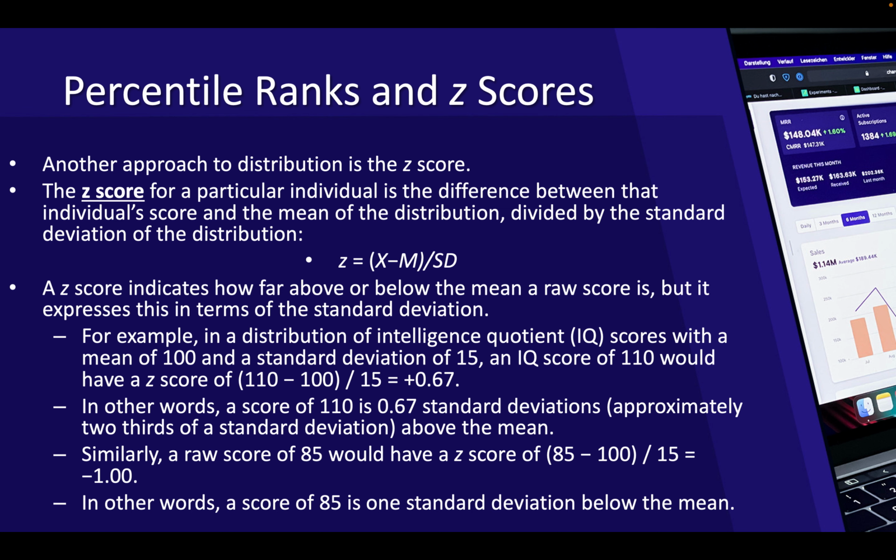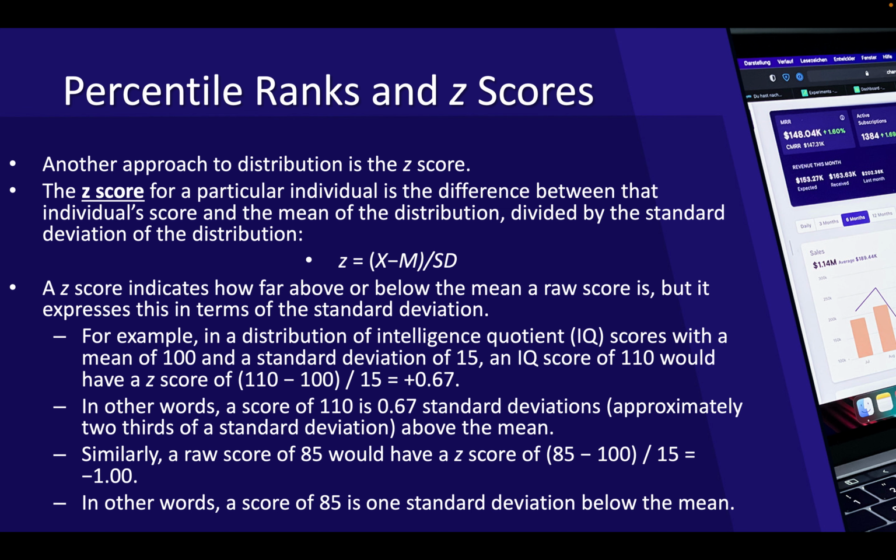For example, in a distribution of intelligence quotient scores with a mean of 100 and a standard deviation of 15, an IQ score of 110 would have a z-score of 0.67.